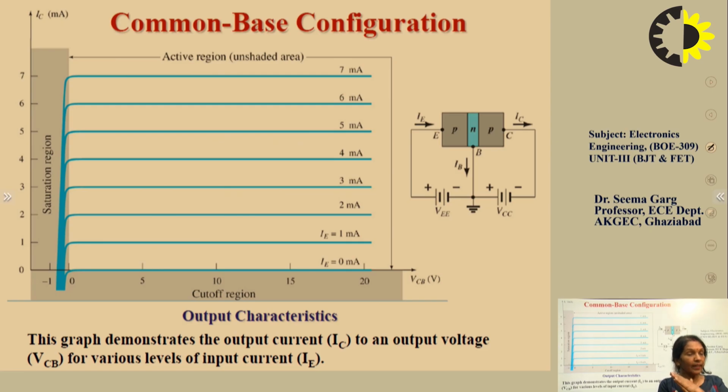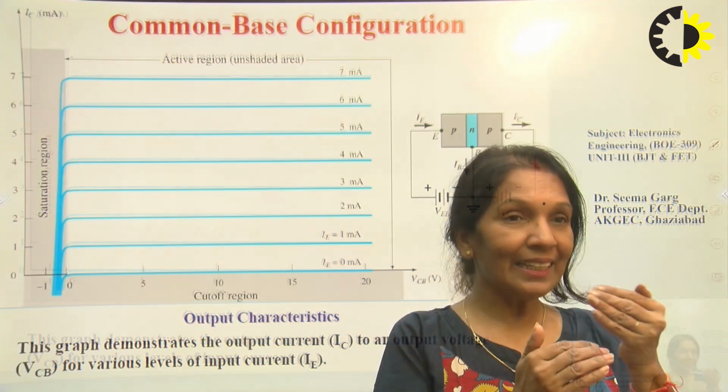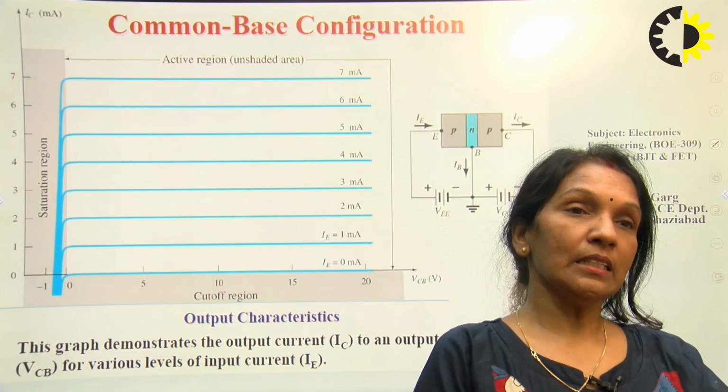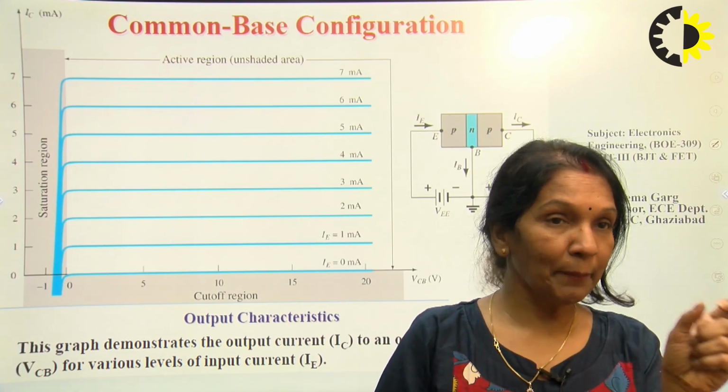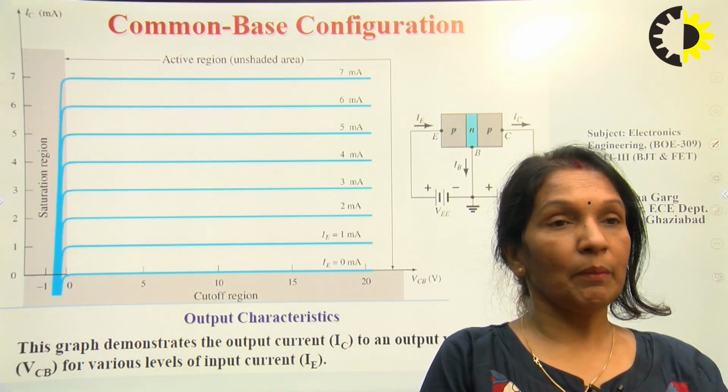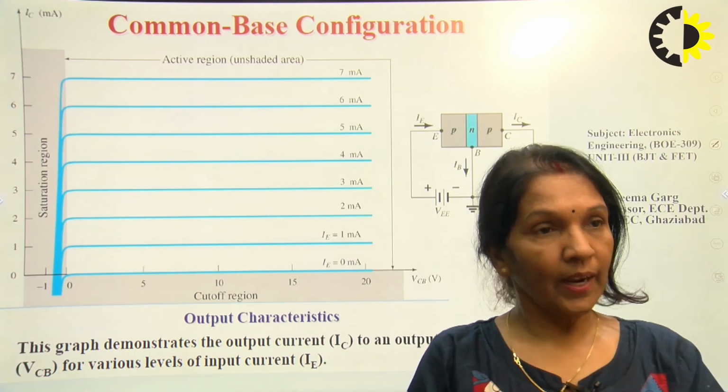If we set the emitter current to 1 milliampere by forward biasing the emitter-base terminal, then the collector current will be almost equal to the emitter current, slightly less than the emitter current. How much less? It is a lesser amount, that is the base current. That means the collector current will be equal to IE minus IB.